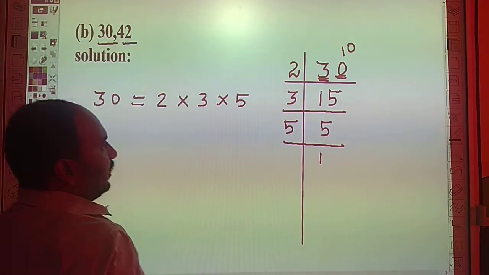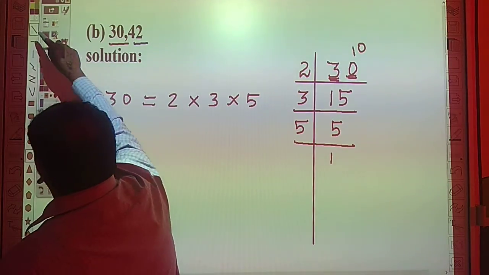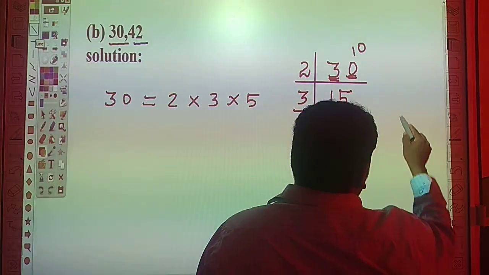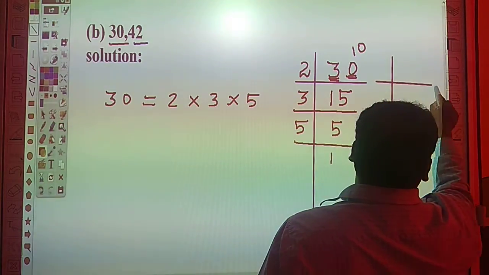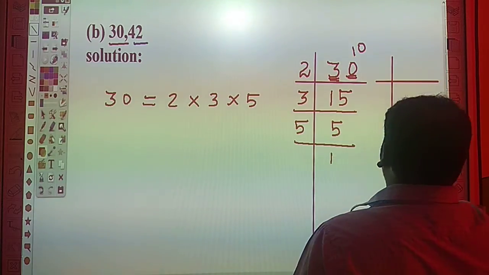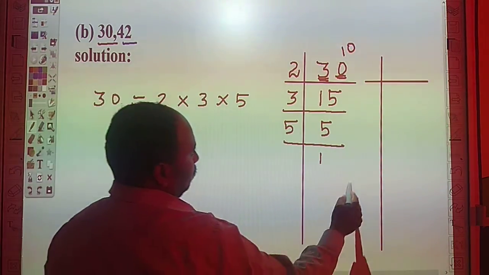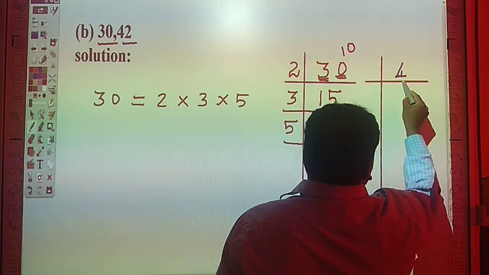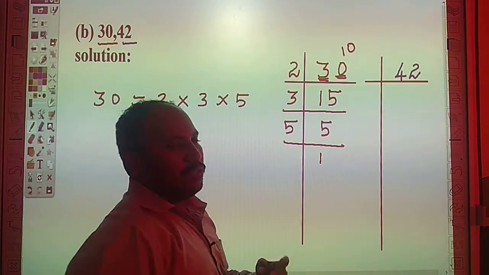Next we take the number 42. The last digit is 2.